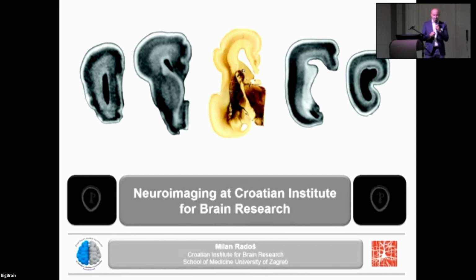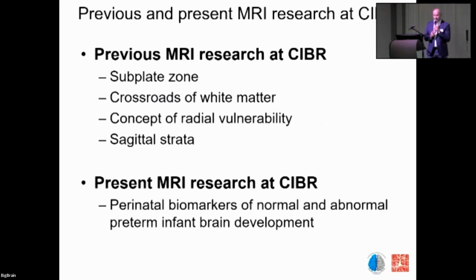advanced technical level. So when we speak about the brain, at least at Croatian Institute for Brain Research, we think that you cannot understand the structure and function of adult brain if you are not familiar with the perinatal brain development. So this could be one of the messages.